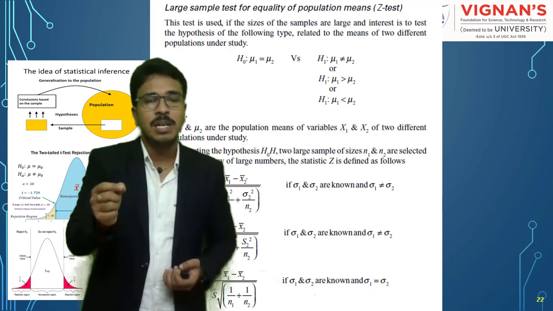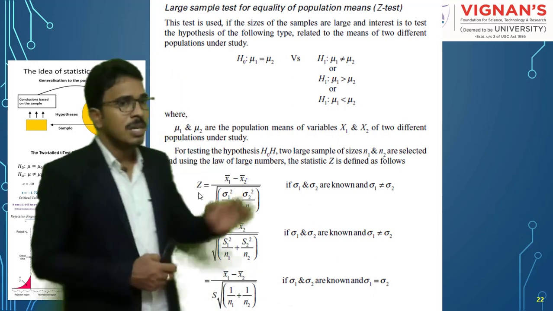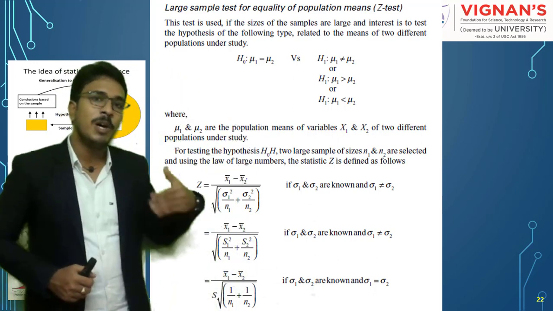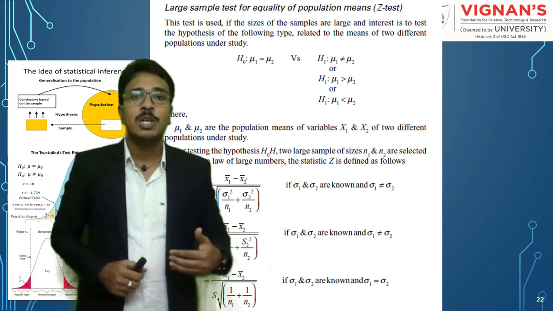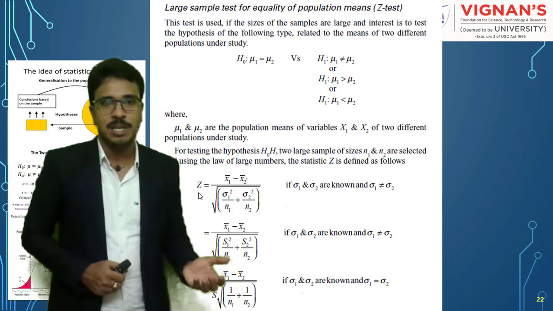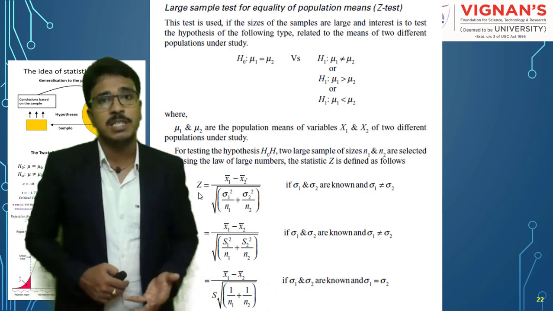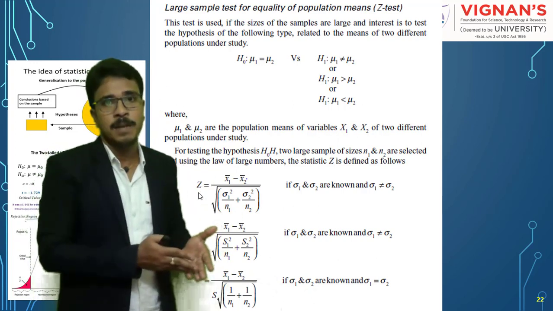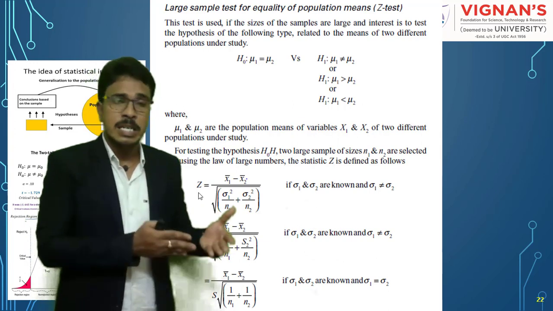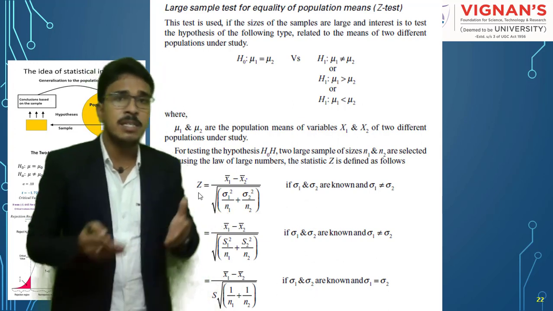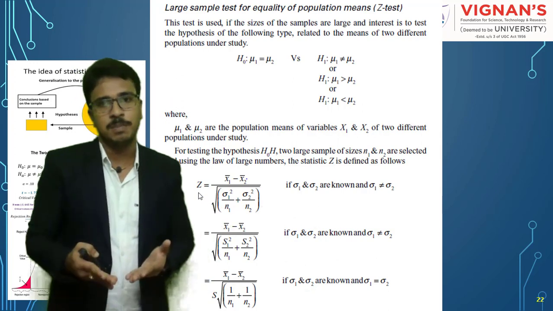Say, for example, if you know sigma 1 and sigma 2. Two populations means obviously two standard deviations will be there. Generally the population standard deviation is represented by sigma, so for two populations it is sigma 1 and sigma 2.